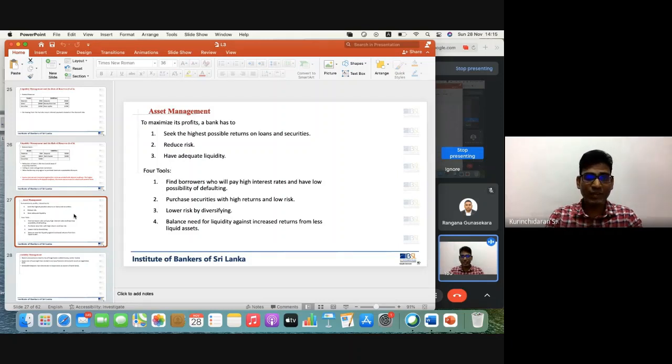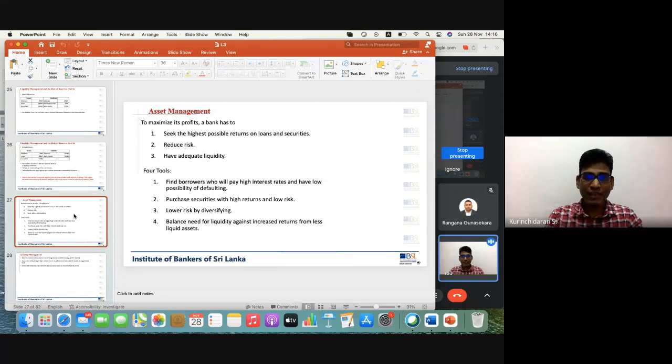Let's assume you are going to give a loan at a higher rate. It's a riskier customer, so you are taking more risk. If you are going to invest in the share market, looking at the highest return, then definitely you will have high risk as well.